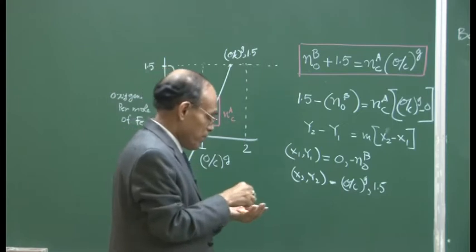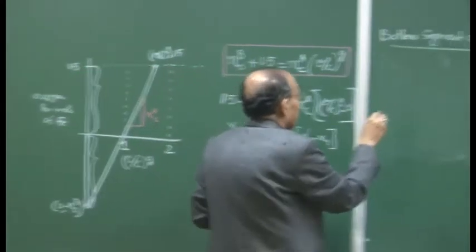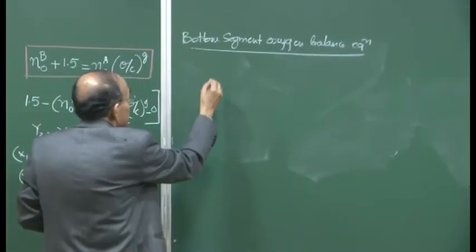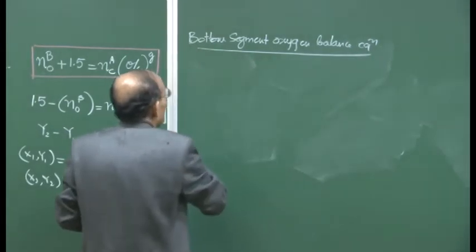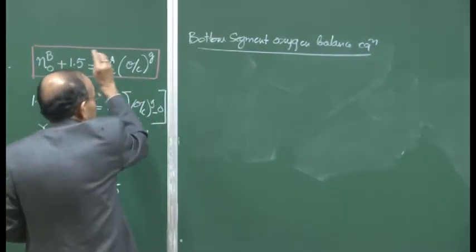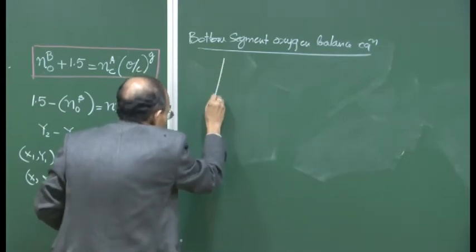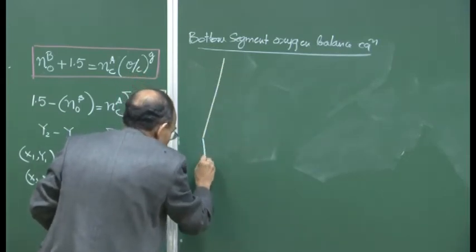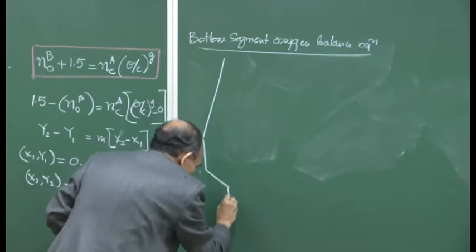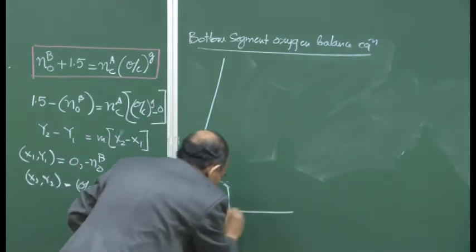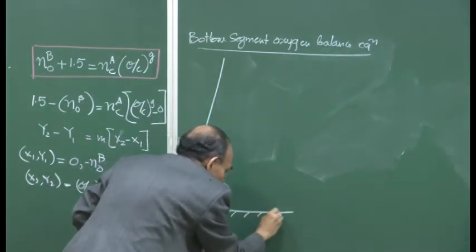And now we have to consider the development of the second equation, and that second equation is, we will call it the bottom segment oxygen balance equation. So, let us draw the blast furnace. What is that bottom segment I want to clarify?